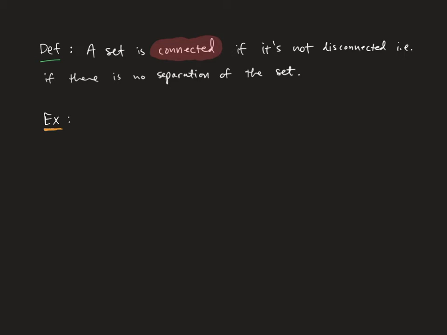So the first example of a connected set is that if we have any one-point set in Rn, this is connected.